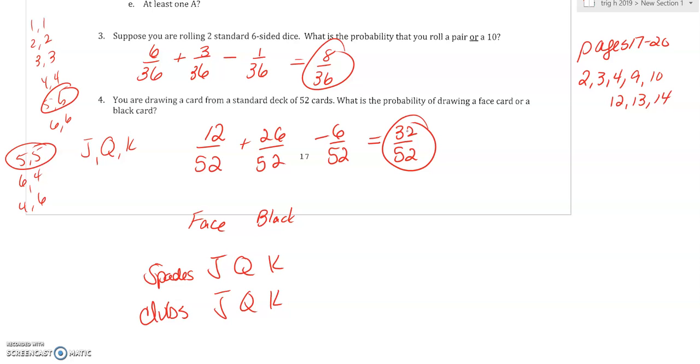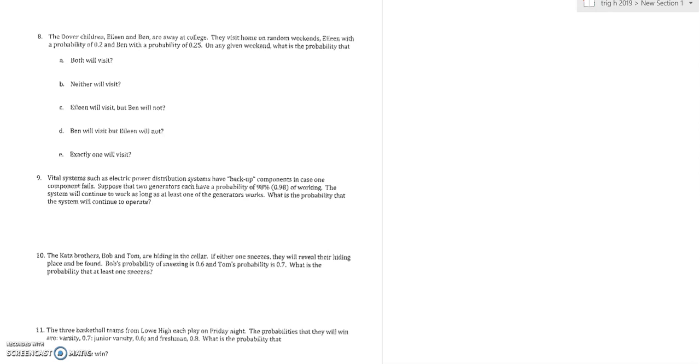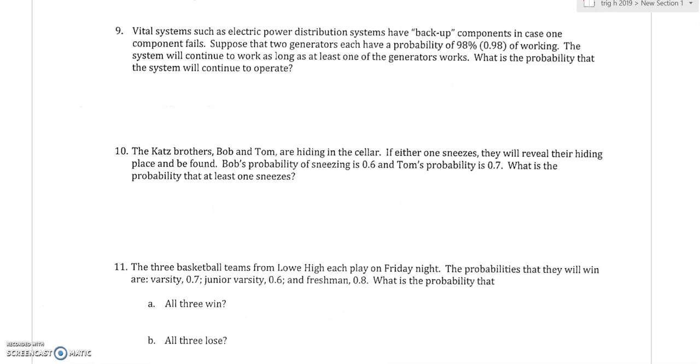Okay, why don't we do number 9? Let's do that one next. Okay, so number 9, it says, there's backup components for vital systems such as electric power distribution systems in case something fails. So suppose that 2 generators each have a probability of 98% of working, and the system will work as long as at least one of the generators works.